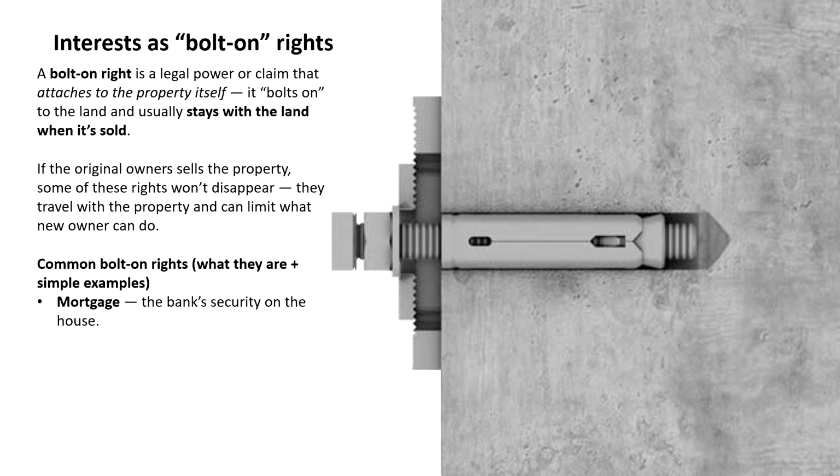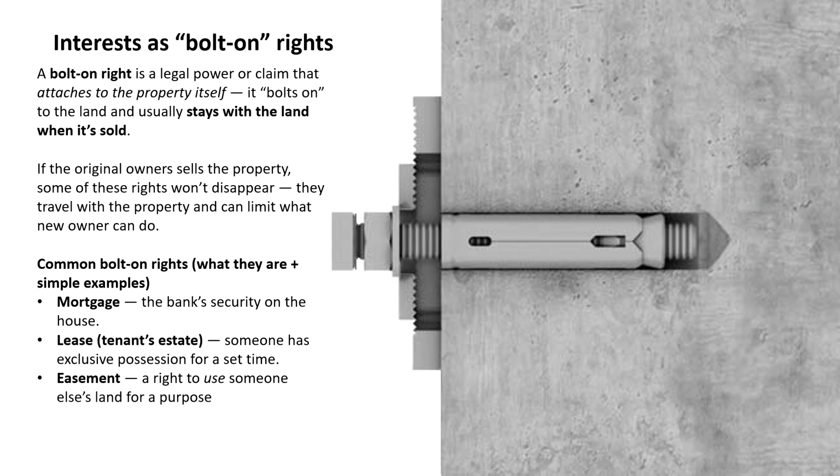Examples of rights that are attached to the property itself can be a mortgage, or a lease, where someone has exclusive possession for a set period of time and pays rent. Then we can have an easement, like the right to use someone else's land for a certain purpose.